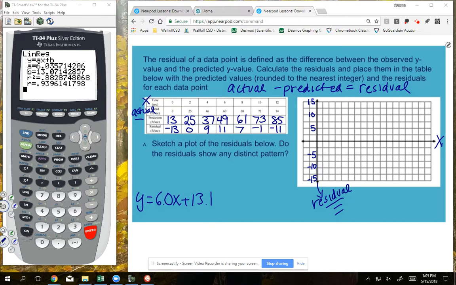Okay, and now we're going to plot the x-coordinate with the residual. So 0, negative 13. 2, 0.